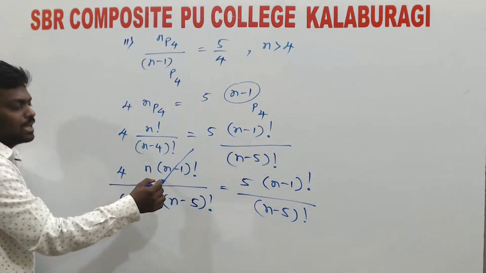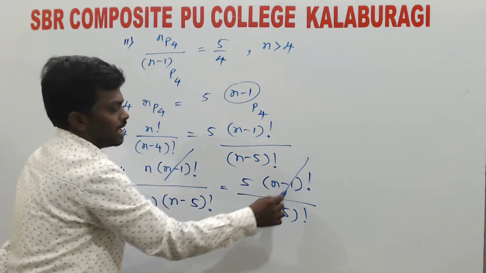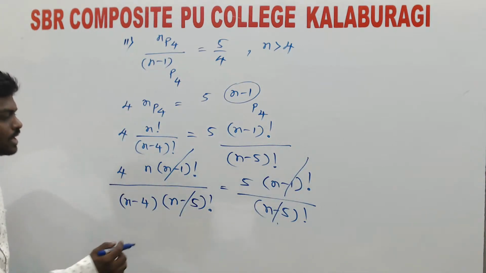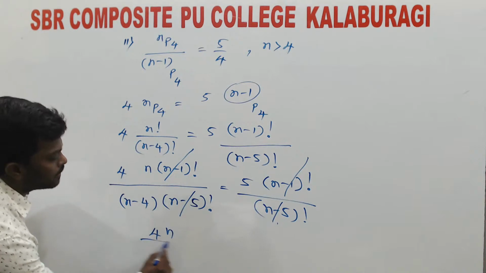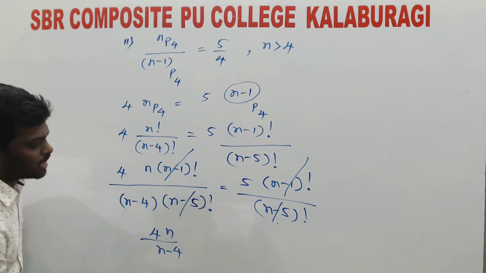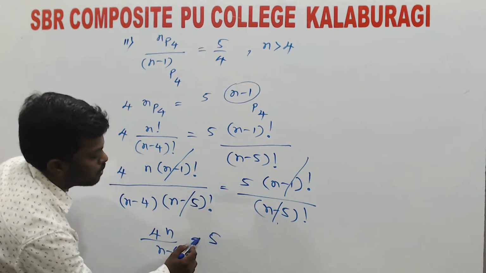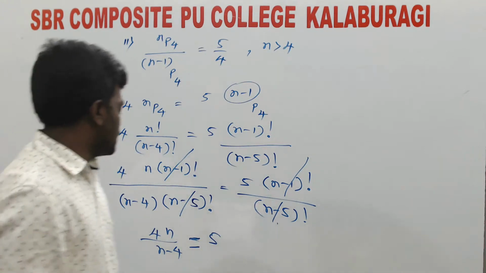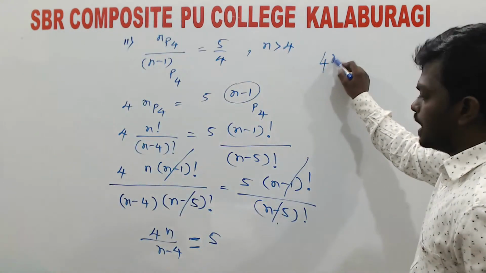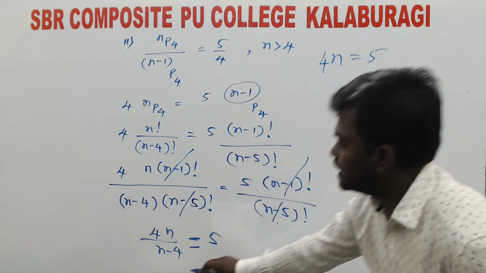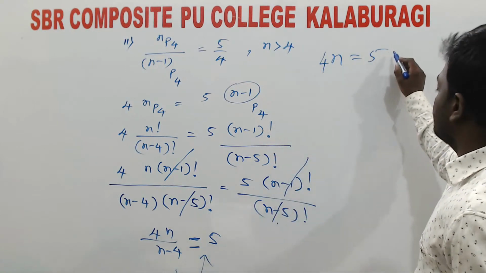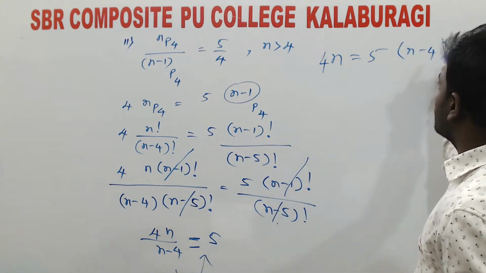Now you can see (n minus 1) factorial and (n minus 1) factorial, and this (n minus 5) factorial and (n minus 5) factorial get cancelled. So 4n by (n minus 4) is equal to 5. So 4n is equal to, cross multiply, students, 5 times (n minus 4).